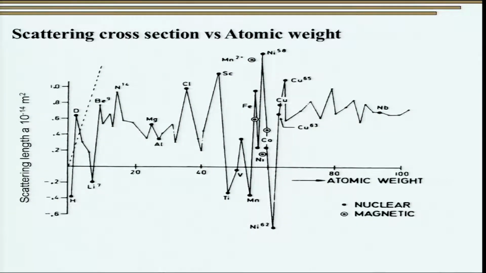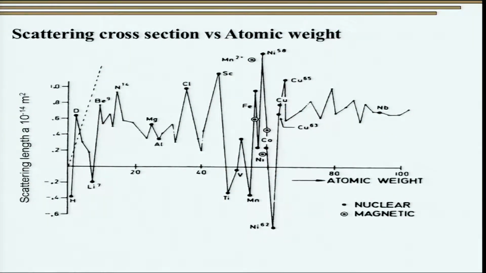Another important aspect of neutron diffraction, which X-ray diffraction does not have to offer, is the scattering cross section, right. If you remember, for X-rays the intensity was proportional to f squared, and f was nothing but your atomic number. So, it is not possible to differentiate between two elements which are very close to each other in the periodic table.